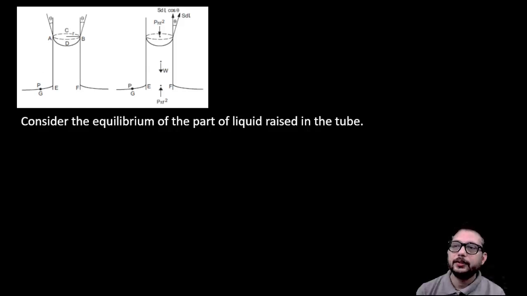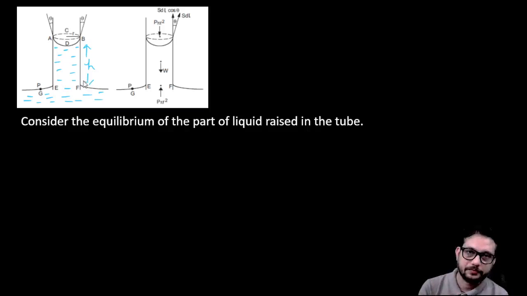Here you can see that this is your water. The water is up to height h when the capillary tube is placed in the container having water. Up to height h it is rising, because here we have taken water.